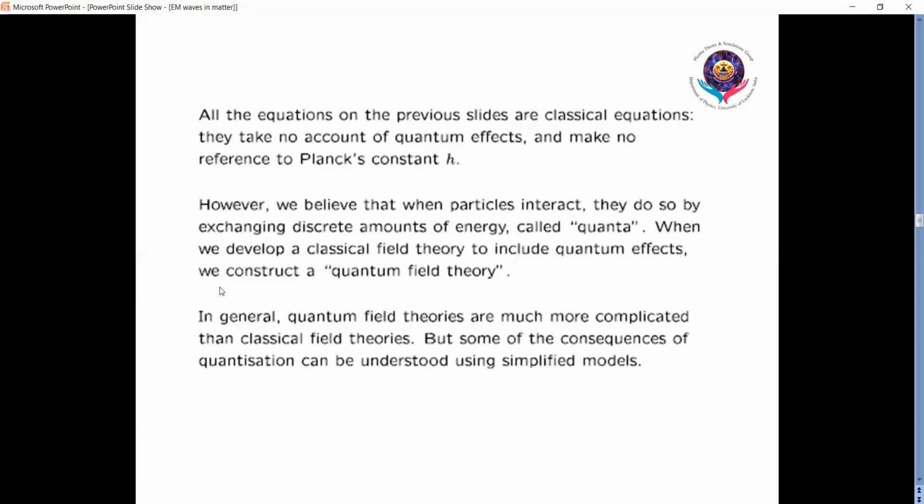But we believe that when particles interact, they do so by exchanging a discrete amount of energy, and that is defined as a quantum. So when we try to develop this classical field theory that we have studied by including the quantum effects, the new theory that will be constructed by modifying the classical field theory and introducing quantum concepts will be named quantum field theory.